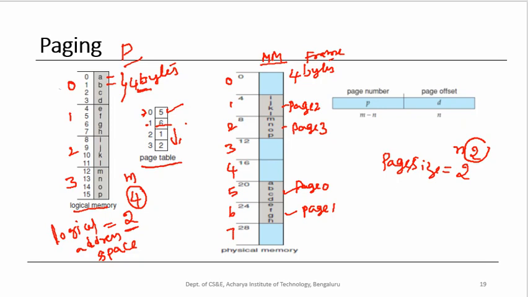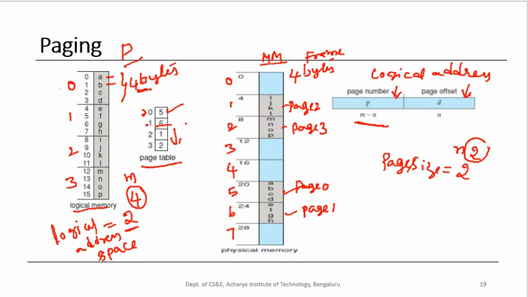Now if you get the value of M and N, then the logical address generated by the CPU will have two fields, page number field and page offset field, P and D. How many bits are required to represent the page number?